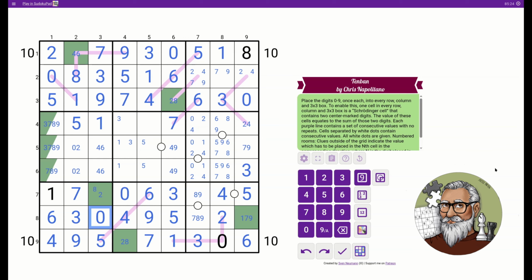This helps. Oh, lots of 2 8s. This isn't 1 anymore, so this is 1. This is 3. And that is 6.